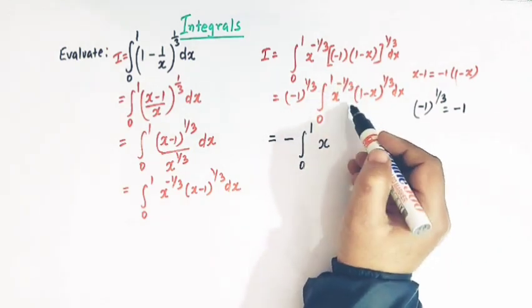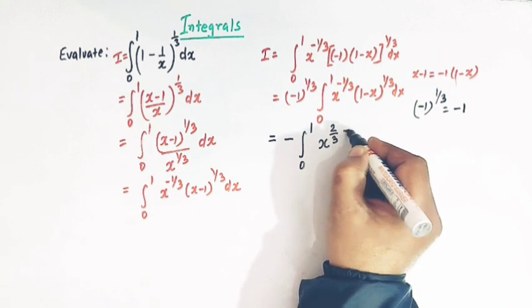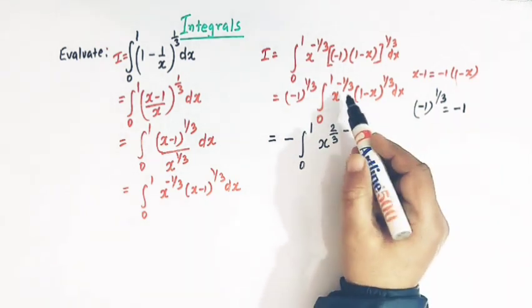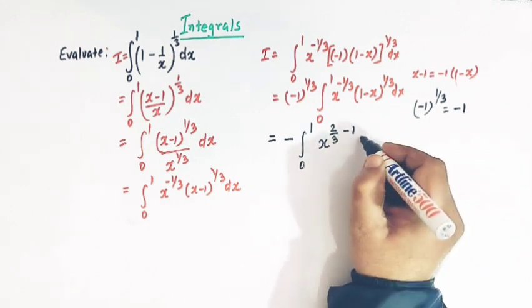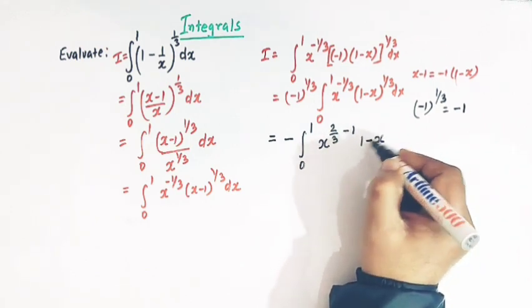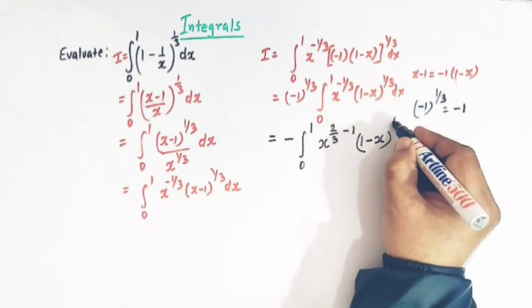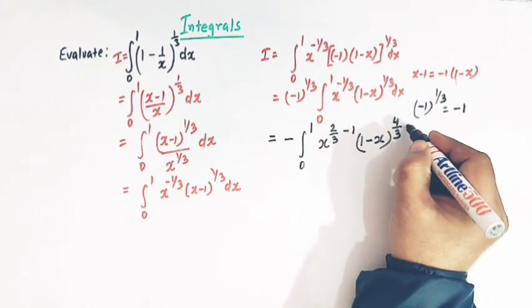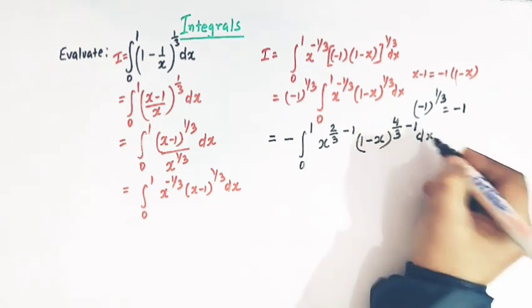So minus 1 over 3 can be written as 2 over 3 minus 1, expressing minus 1 over 3 as 2 over 3 minus 1, and here we have (1 minus x) raised to 1 over 3, which can be written as 4 by 3 minus 1, and here we have dx.